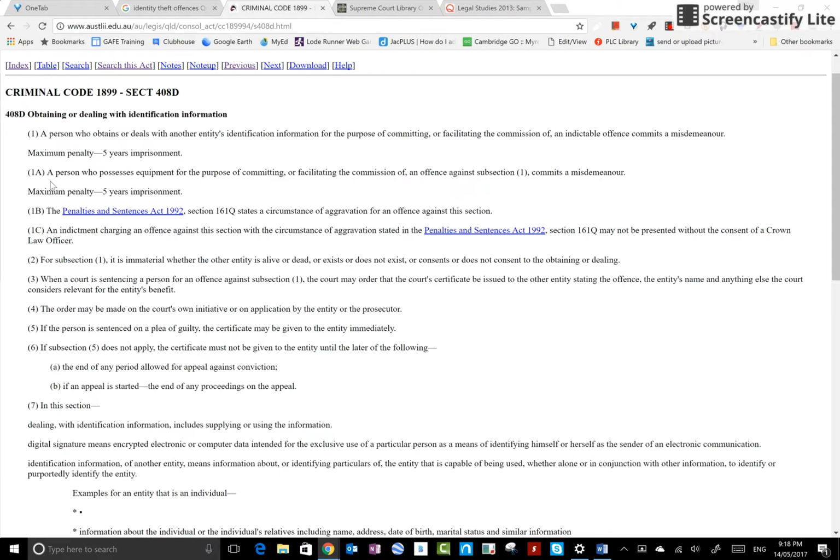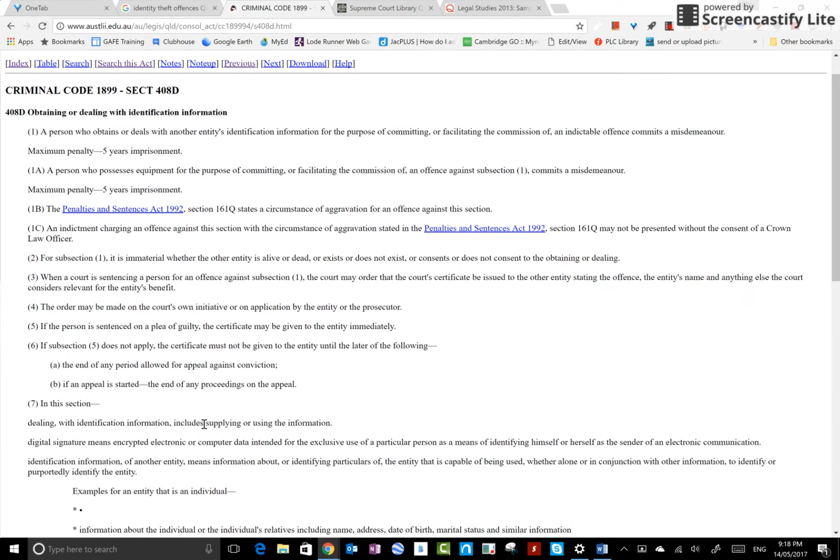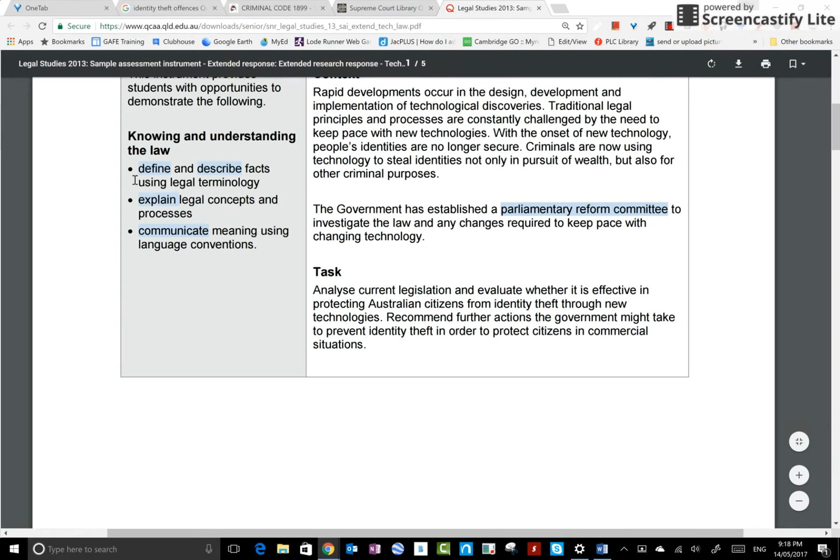So we can get a lot of information out of this, of what obtaining and dealing with ID information is. By coming down in this section, dealing with identification information includes supplying or using the information. Digital signature means encrypted electronic or computer data, etc. So that's what we're trying to get through in this particular knowledge and understanding the law, defining those, describing those.